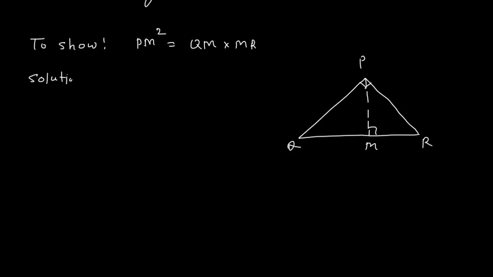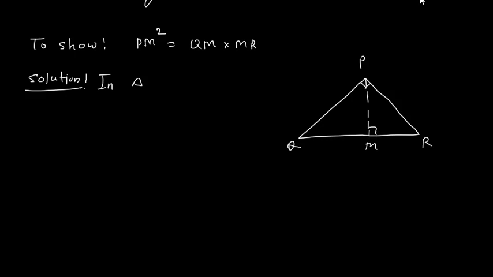In these kinds of problems you have to understand that the square side should come in both the triangles, which I will prove similar. So this PM should come in two triangles. First I will prove that each triangle is similar to the bigger triangle.